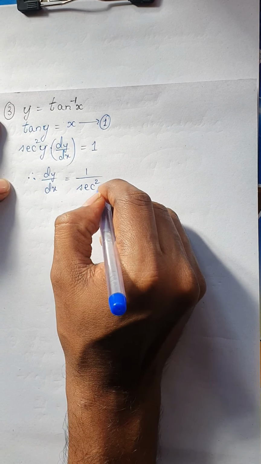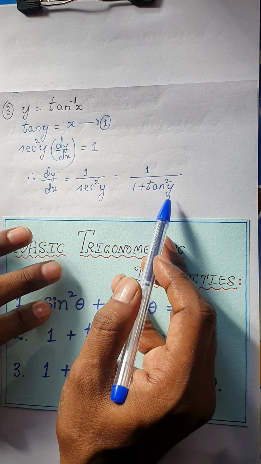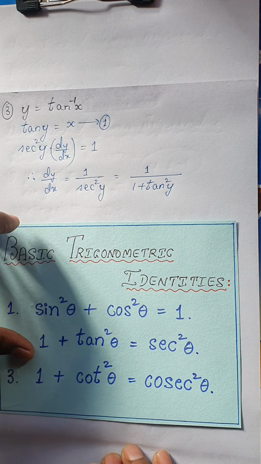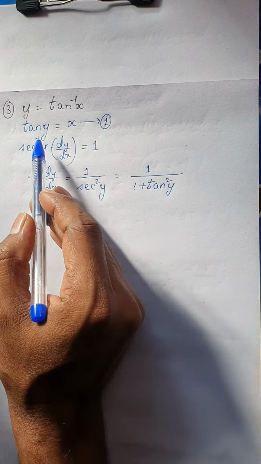Okay, now this is nothing but, remember, 1 divided by, how can you write secant square in terms of tan? Any guesses? So we all know the basic identity, which is secant square theta is equal to 1 plus tan square theta. So using this, I'm going to write it as 1 plus tan square y. You don't write theta because the parameter here is y. So now from equation 1, what is tan y?